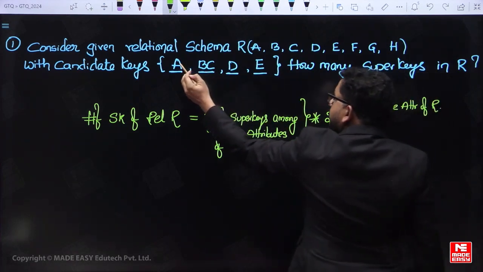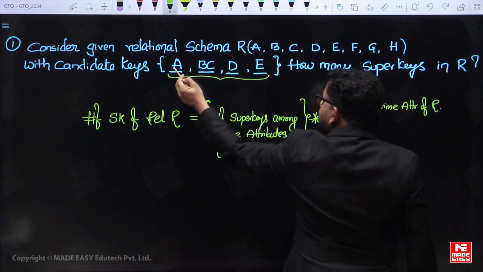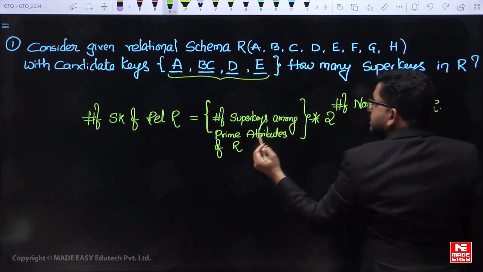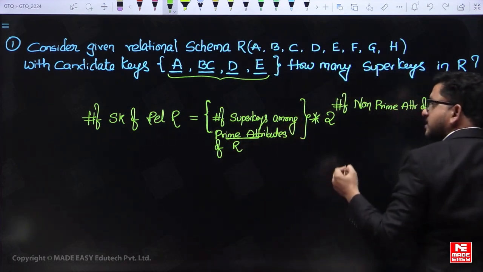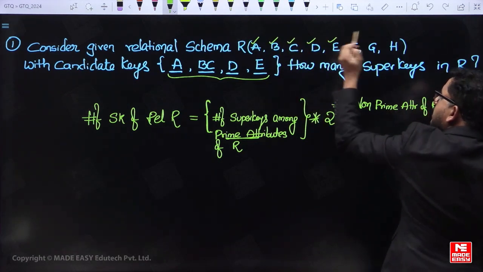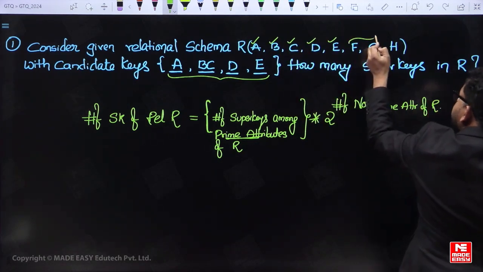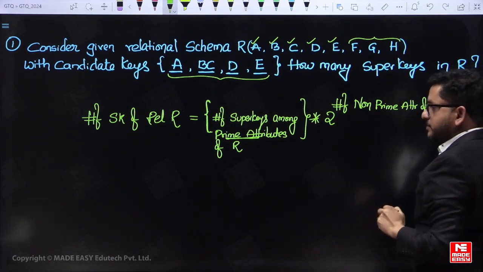These are the 4 candidate keys given. Attributes which belong to candidate keys are the prime attributes. So A, B, C, D, E are the prime attributes, and F, G, H are the non-prime attributes.